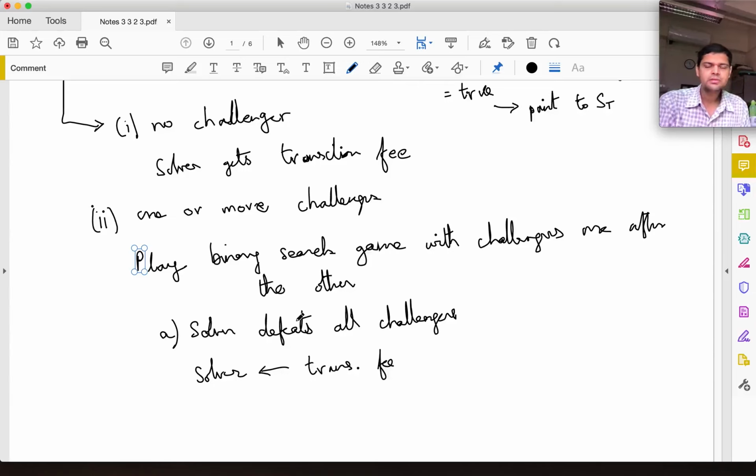We assume that the solver is right, since none of the challengers was able to beat him. Plus, we need to penalize the challengers, so he gets half the deposit of all the challengers.